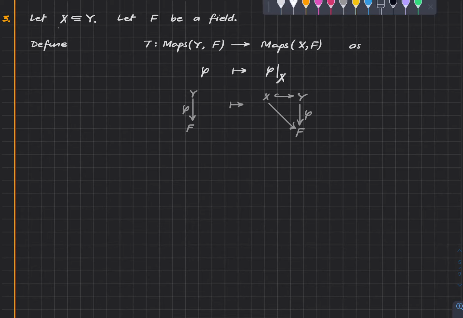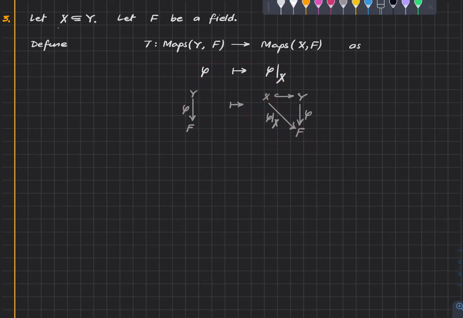So phi restricted to X is basically the map which you get when you restrict phi to X. So you have a point in this space. Think of it as a point in Y and apply phi. That's all. So that is phi restricted to X. So you take this guy to that guy. That's what I mean here.